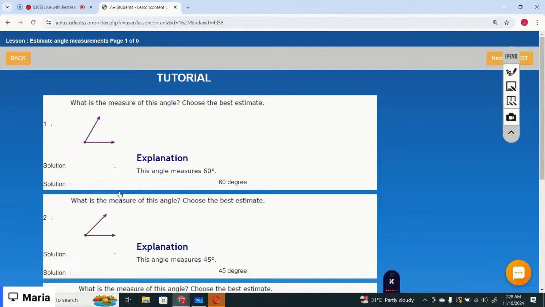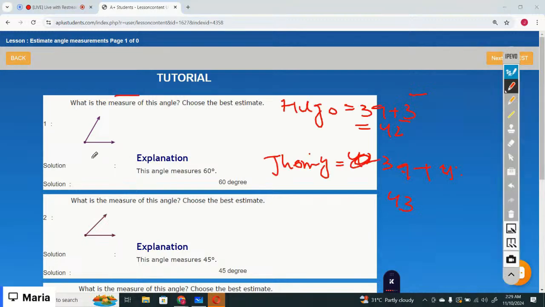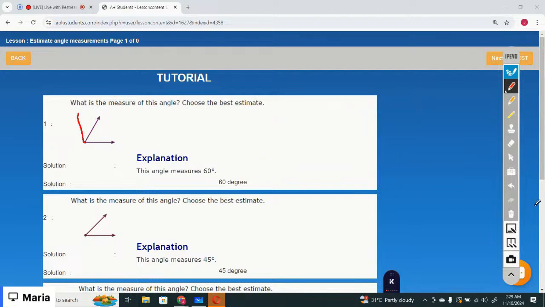So just look at the angle that is between 0 and 90. Just make a 90-degree angle, right? Like this. So this angle is close to 90 degrees, not 0, right?